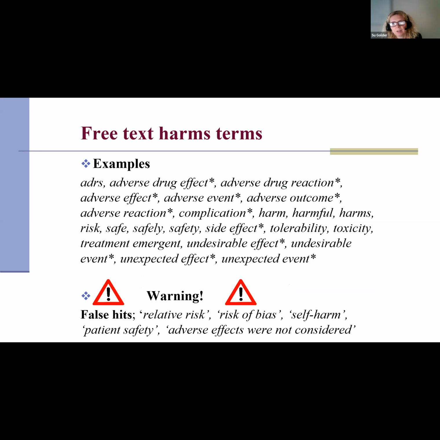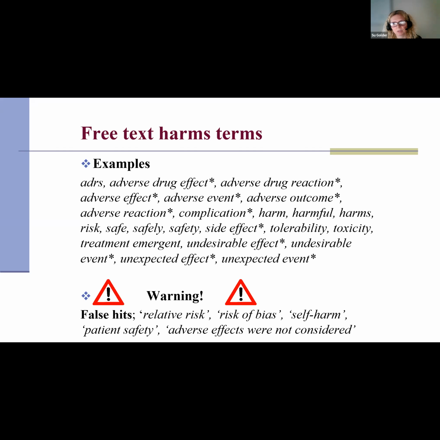So there's lots of free text terms that you can use, which I started to mention. Lots of different synonyms that you can use for your text word searching, for looking in, for example, the title and abstract. I've just listed quite a few here, but do be careful, because terms like risk would find relative risk and risk of bias.